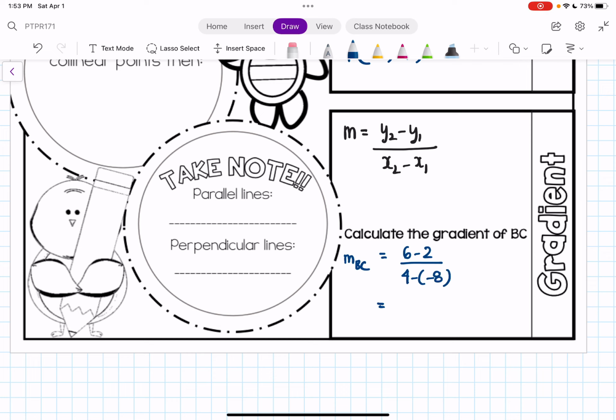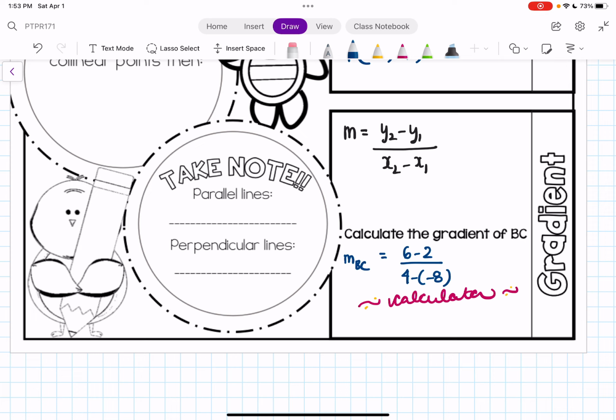And again, just use your calculator. Let your calculator do the work for you so that you are not leaving yourself open to any mistakes. And your calculator should be able to give you a simplified version, which is what we always want. Whenever we give fraction answers, we always want these fractions in simplest form.